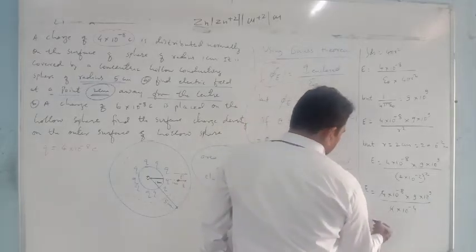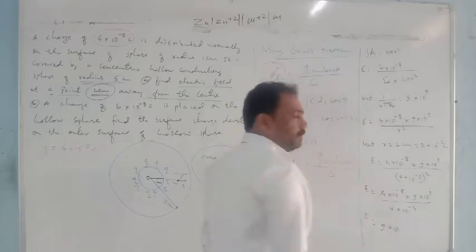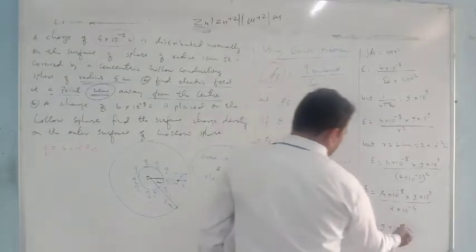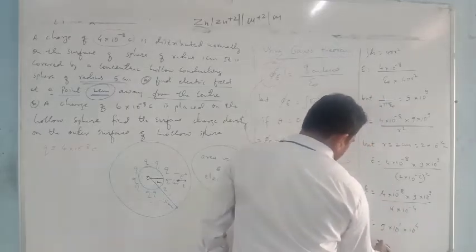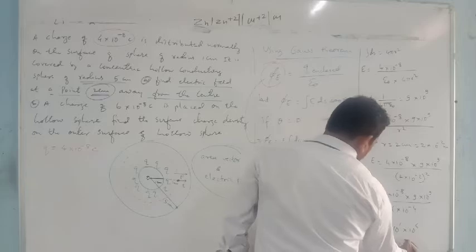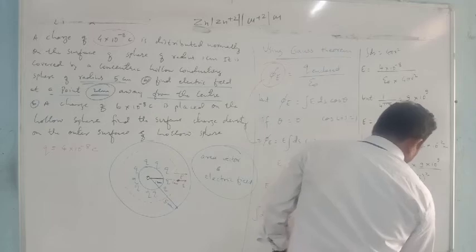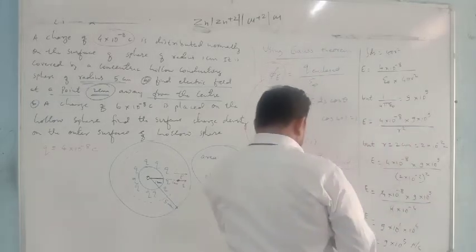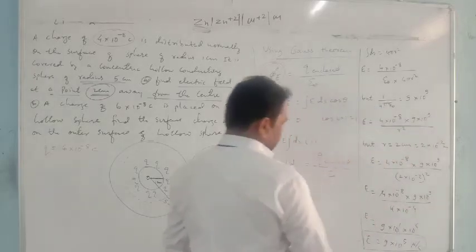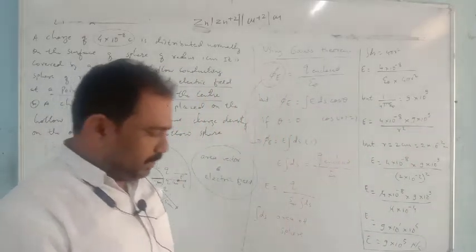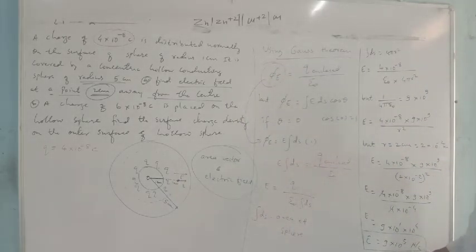So E is equal to 9 into 10 to the power minus 8 plus 9 plus 4, so therefore the electric field intensity is 9 into 10 to the power 5, and it is measured in Newton per Coulomb.